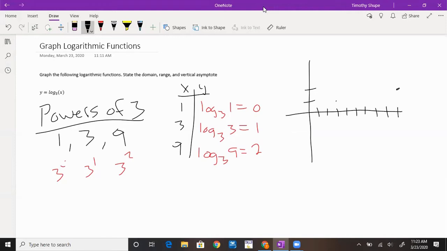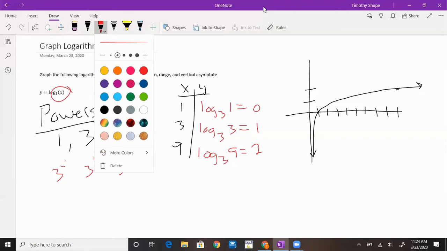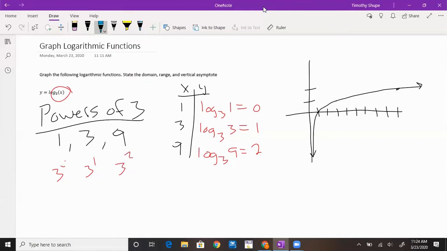But then the question is, how do I connect these up? Because looking at this right side, it is growing something like that. But then this left side, what's going to happen is it's going to drop down next to our vertical asymptote. Now, how do I know the vertical asymptote is at 0? If I come back over here and look at the inside of my function, just that x value, if I want to figure out how to find the vertical asymptote, I'm going to set that inside piece equal to 0.